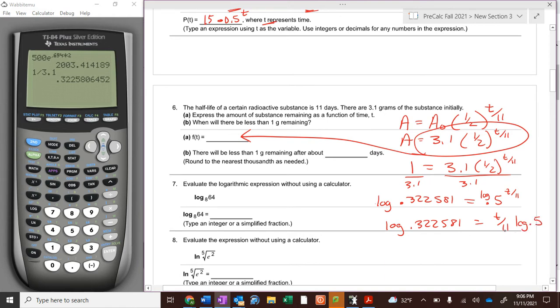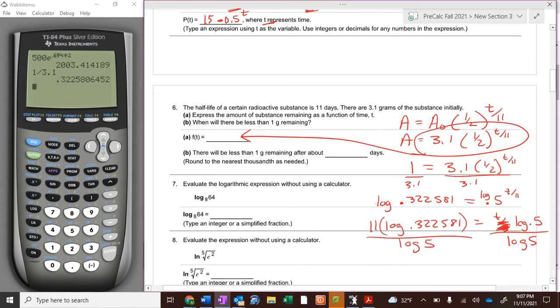So then multiply each side by 11. So it gets rid of 11 and then multiply or divide by the log of 5. Divide by the log of 5 because it's T over 11. So it's T times log of 5, so we divide by the log of 5.